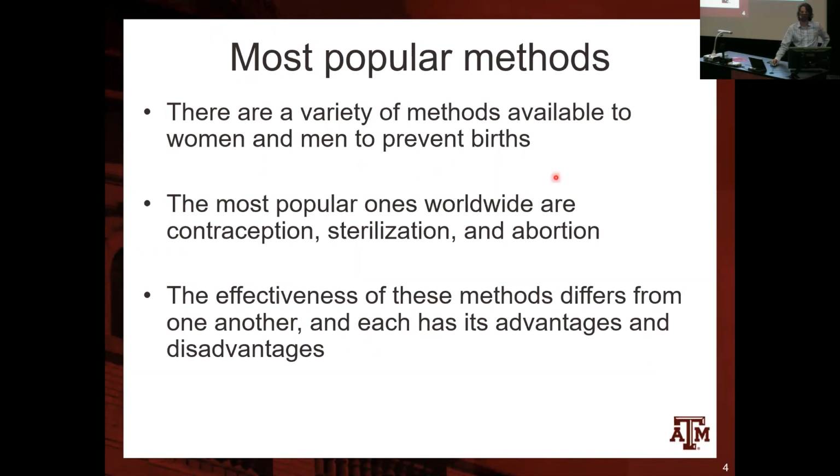There are a variety of methods available to women and men to prevent birth. The most popular ones around the world are contraception, sterilization, and abortion. And the effectiveness of these methods differ from one another, and each has its advantages and disadvantages.